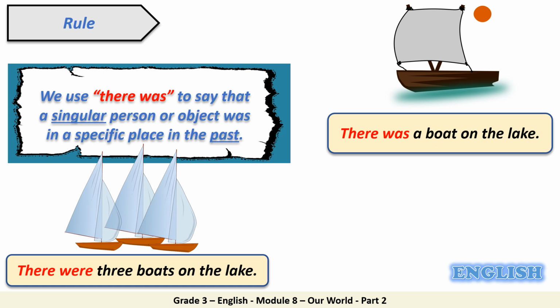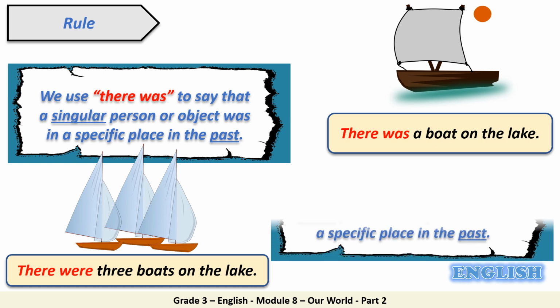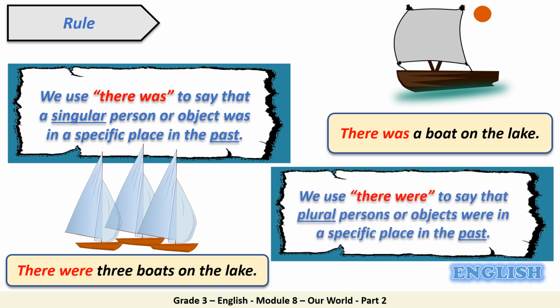And just like there was, we use there were to talk about the past. Therefore, can you help me form the rule? Excellent! We use there were to say that plural persons or objects were in a specific place in the past. Great job, my dears!